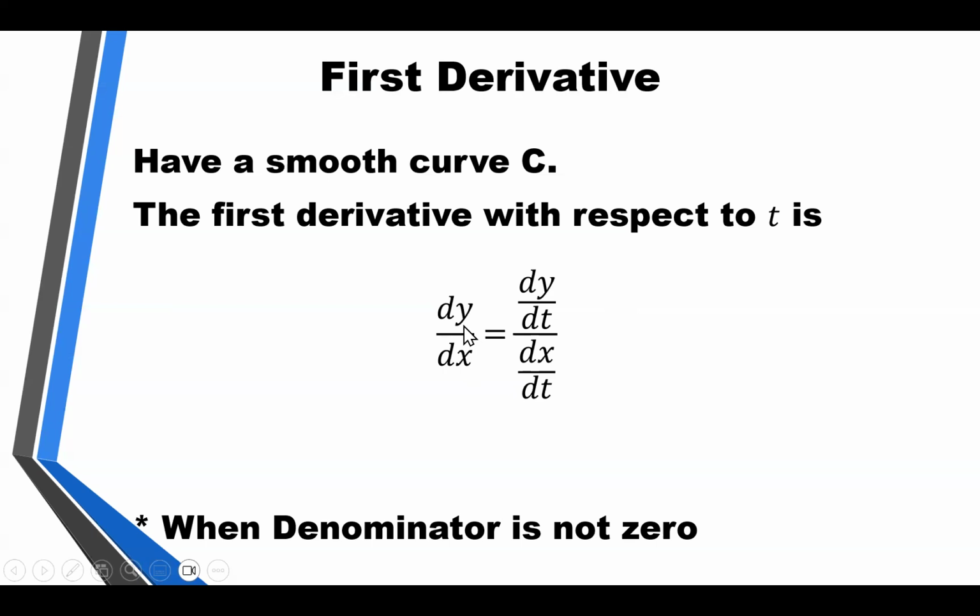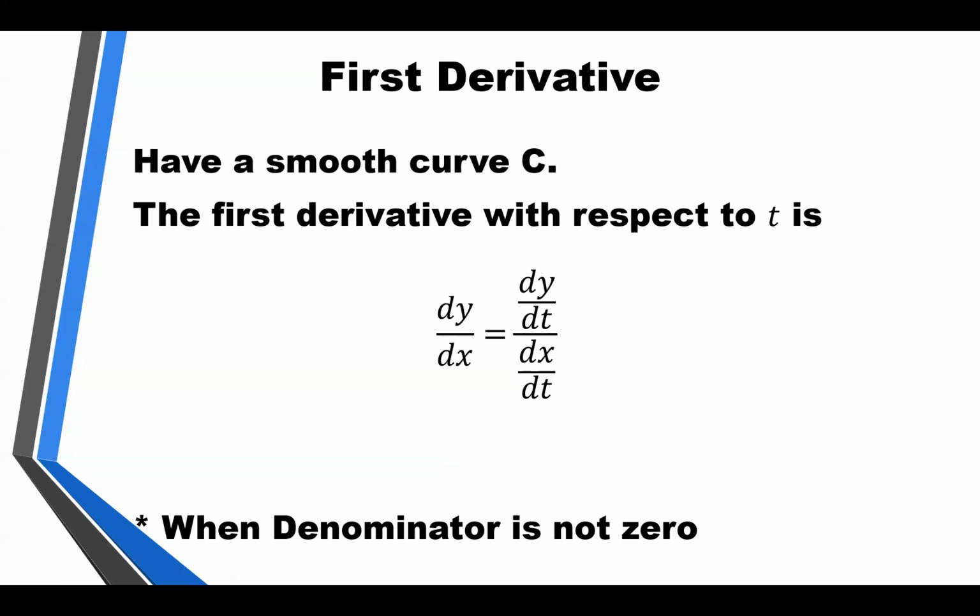Well, if y is a function of t, then I can find the rate of change in y with respect to t by just taking the derivative of y with respect to t. And the rate of change in x I can think of as the derivative of x with respect to t. Now this works so long as that derivative of x with respect to t is non-zero. If it is zero, then obviously we are not defined at that location.